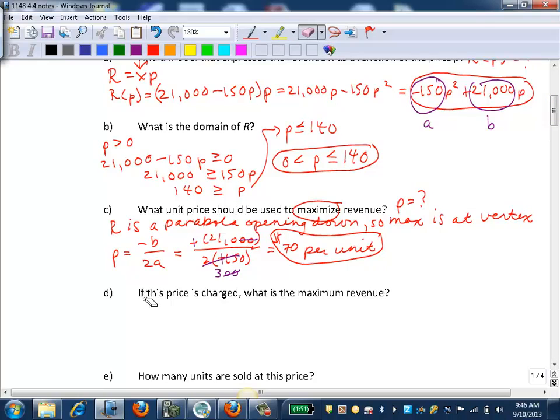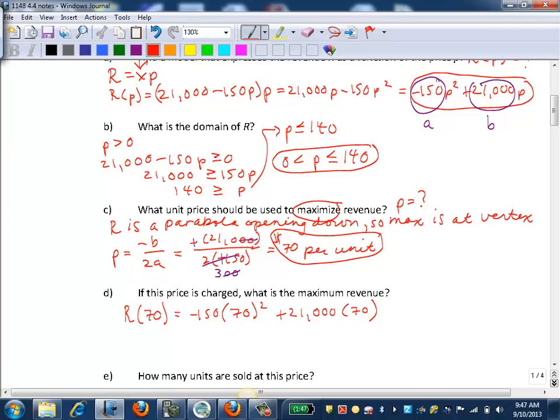Now, in part D, we want to know that if we charge this price, what is the maximum revenue? So now we want the actual y value, or the r of p value, at that vertex. We'll take r of 70. So we'll have negative 150 times 70 squared plus 21,000 times 70.